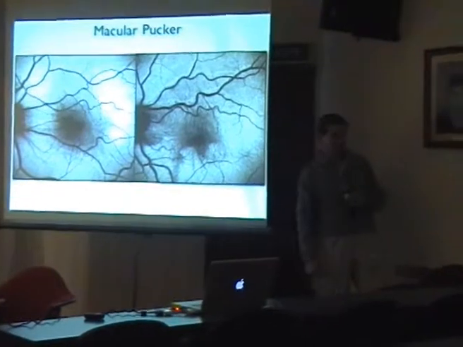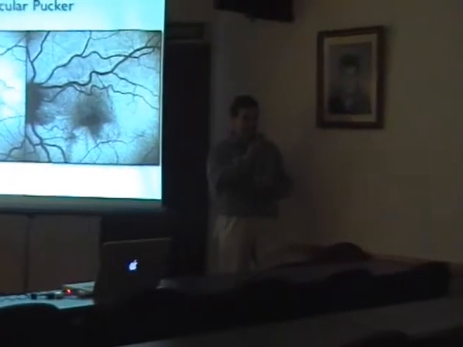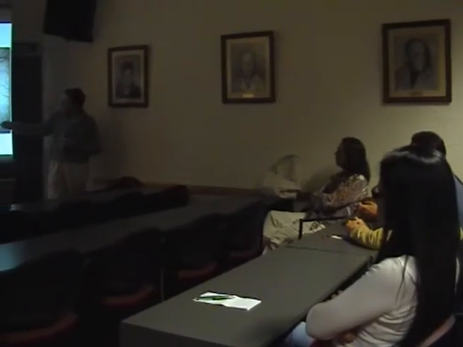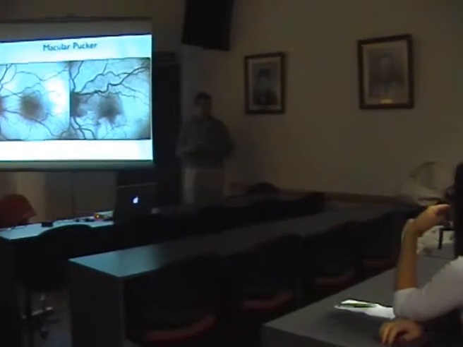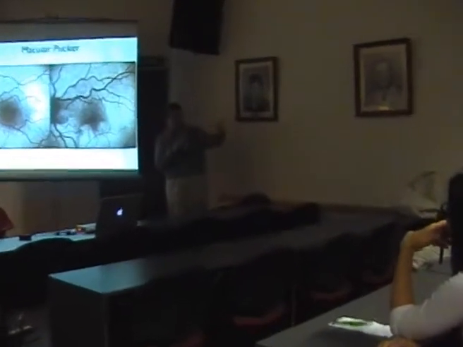What is this line? Correct. It is the location of the vessel before macular surgery. Surgery moved the vessel out of its position, and there is an increase of fluorescence here.